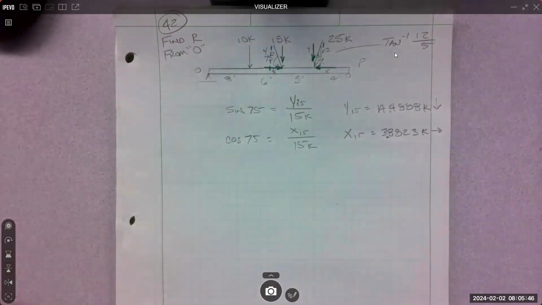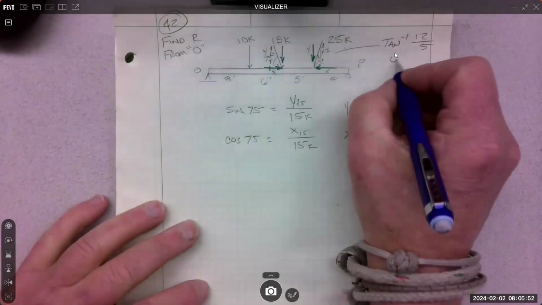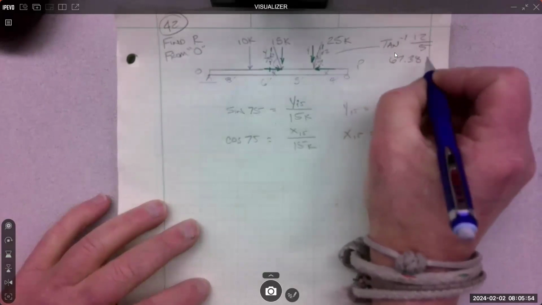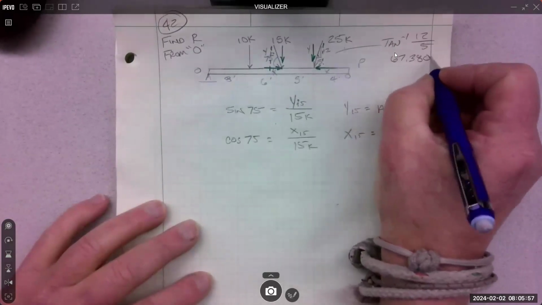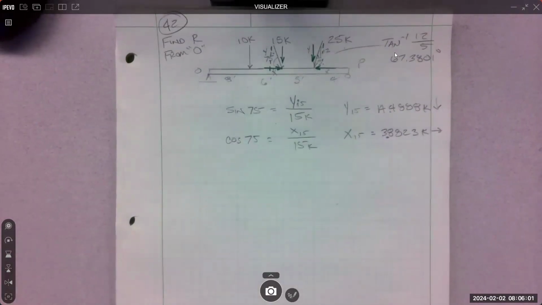So 12 over 5 gives 67.38 degrees. So again, that's that lower angle. Can't reach it, but I put a little arc in there.